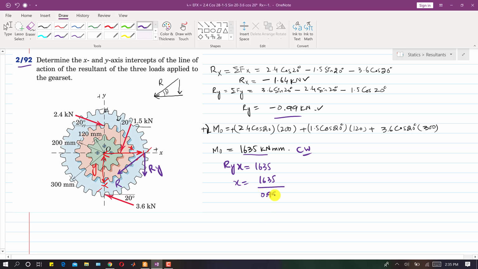We will only use the magnitude of this and the magnitude of this, right? So x comes out to be 1651 mm, and if we divide this by 1000, we will get x in meters, so it will be 1.651 meters, right?